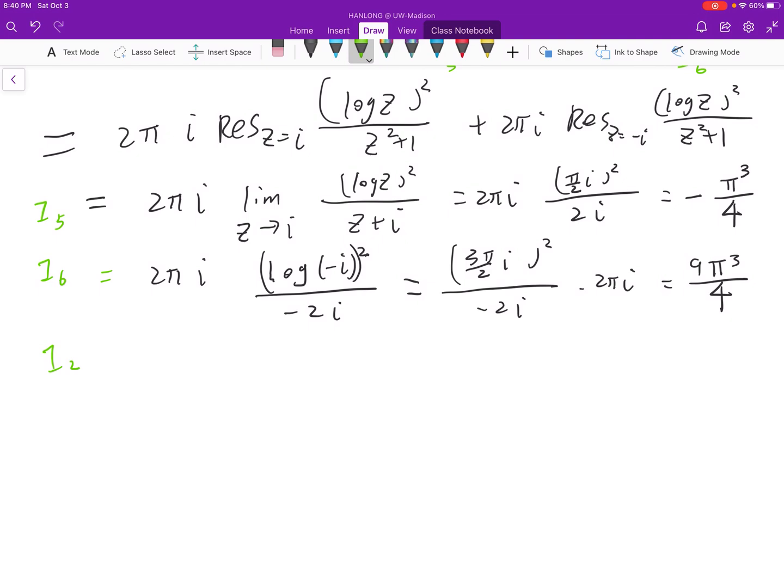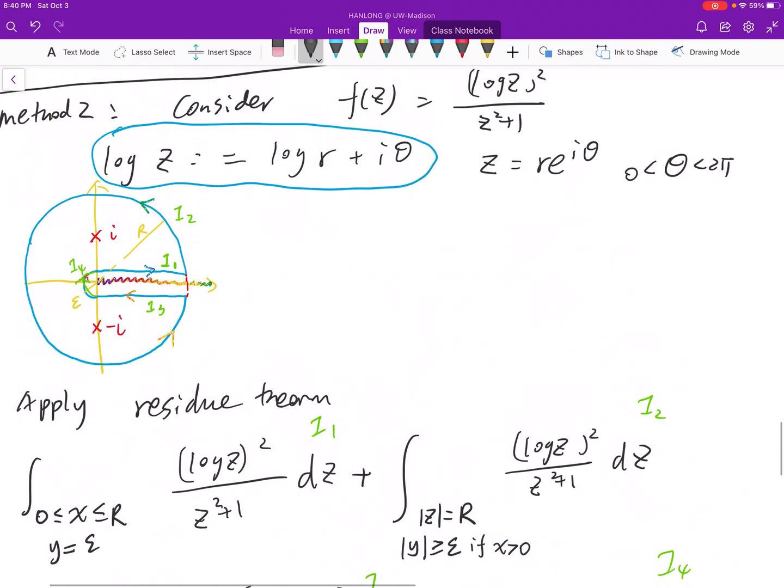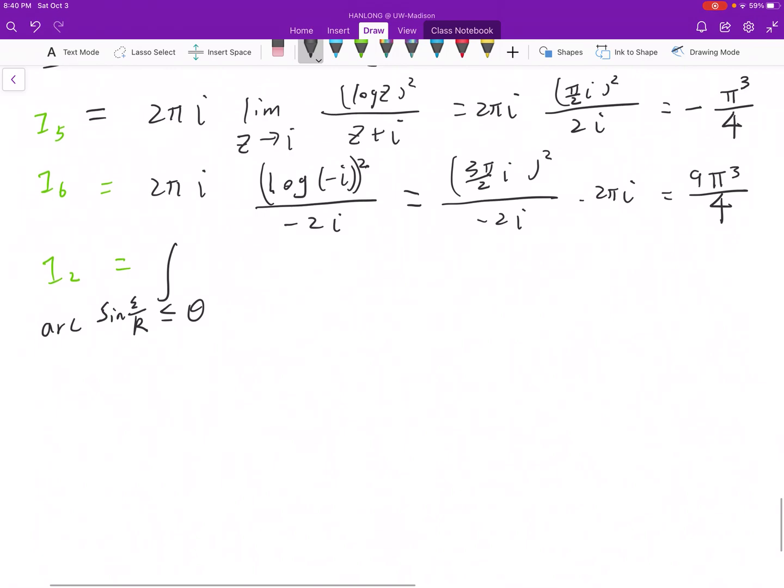So we parameterize by r e^(i theta). It's an integration with theta from arc sine of epsilon over r, because it's missing the red part, starting from arc sine of epsilon over r and ending at 2 pi minus arc sine of epsilon over r.